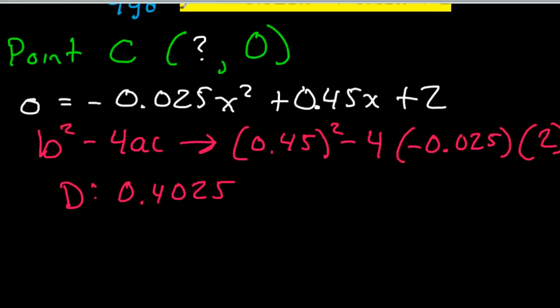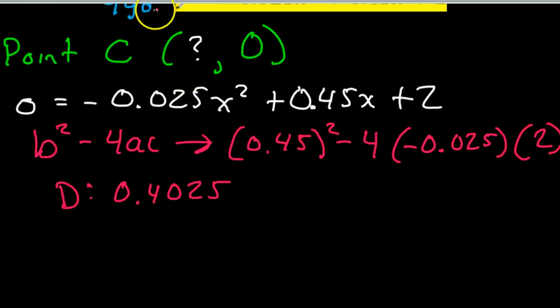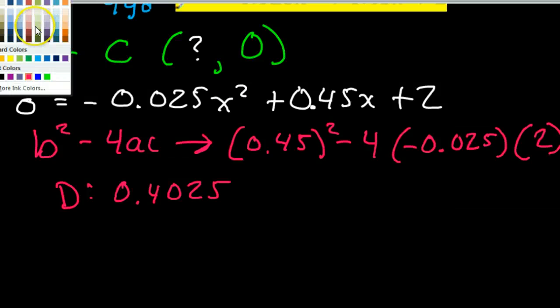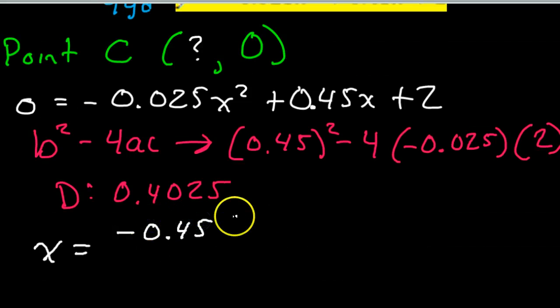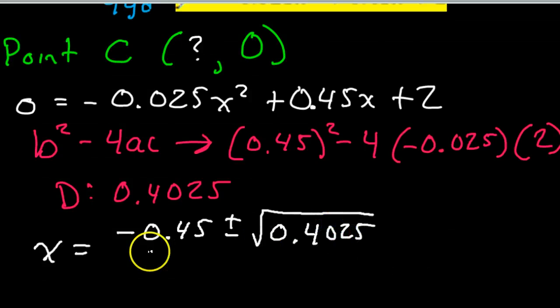Alright, so now we can go ahead and do the rest of the quadratic formula. So x will equal the opposite of b, so that'll be negative 0.45 plus or minus the square root, and under the square root, that's the discriminant, b squared minus 4ac, this, so I'll just put that in, all over 2a.